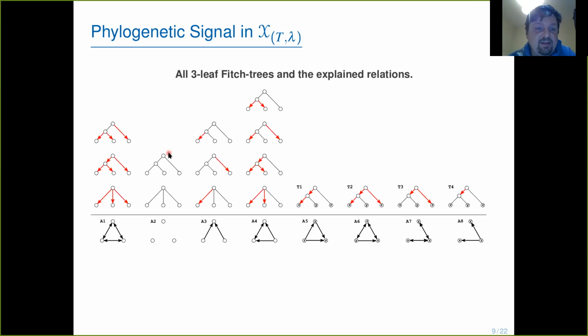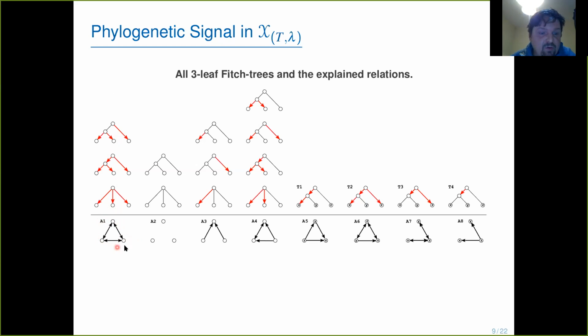And what you can see here is all possible rooted phylogenetic trees on 3 leaves together with all possible transfer, non-transfer edge labelings. And these trees are ordered in a way that the trees in one line encode the same relation on 3 vertices, right?